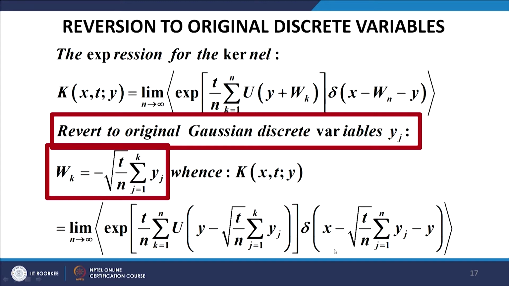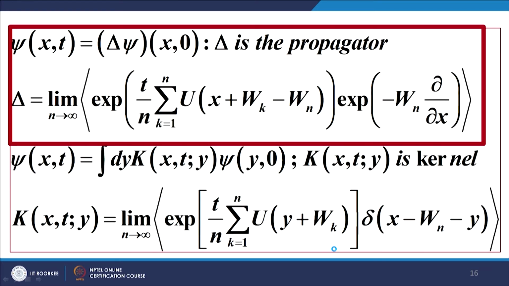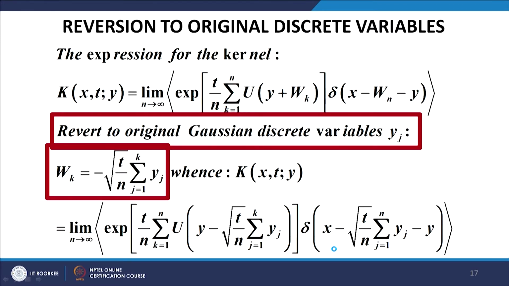So, we start with the original version that we derived in the last class, that is here, and from here we go back a bit. What we do is substitute Wk and Wn in terms of the Gaussian distributed random variables y1, y2, yk and so on.